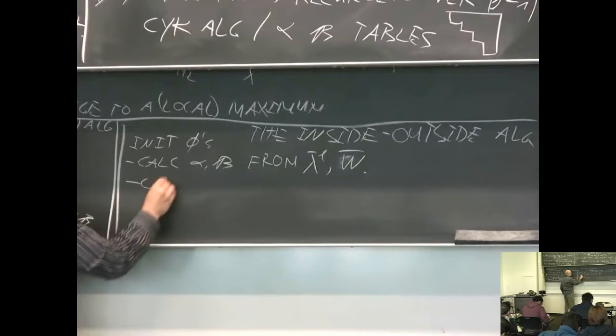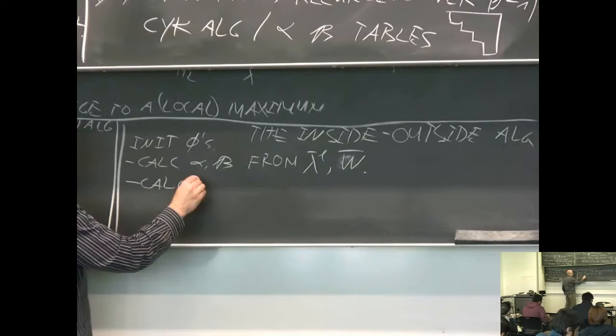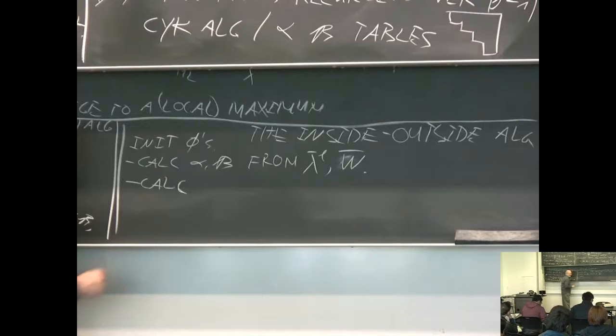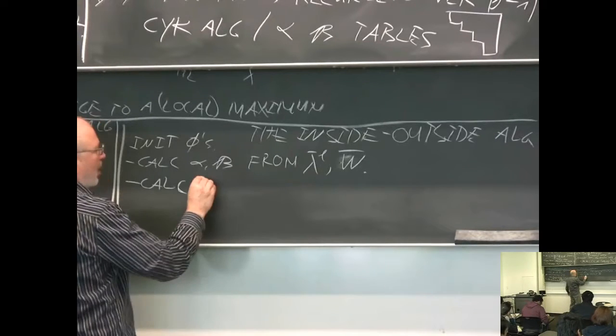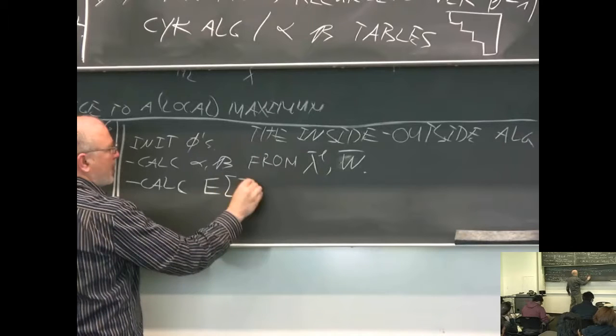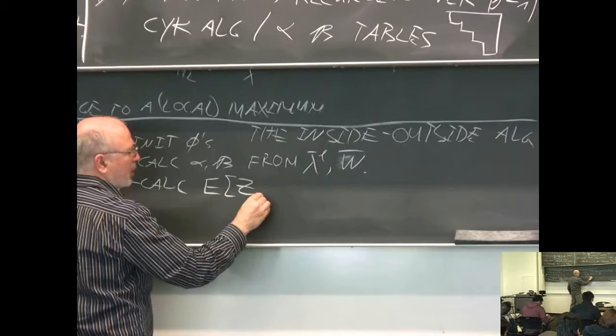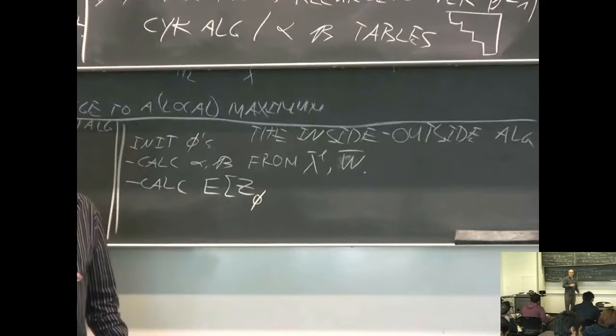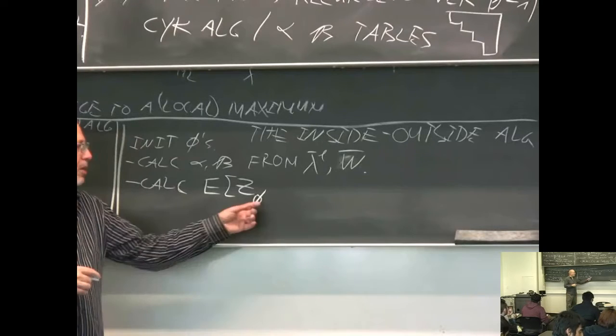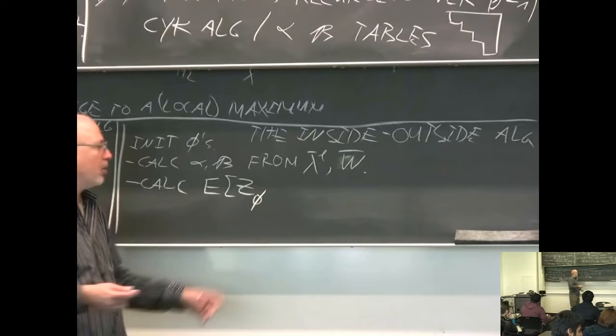Then I calculate, I don't know if they call them psi there, I'll just call them expectation of Z for each transition. The expected number of times that this transition occurred in that derivation.